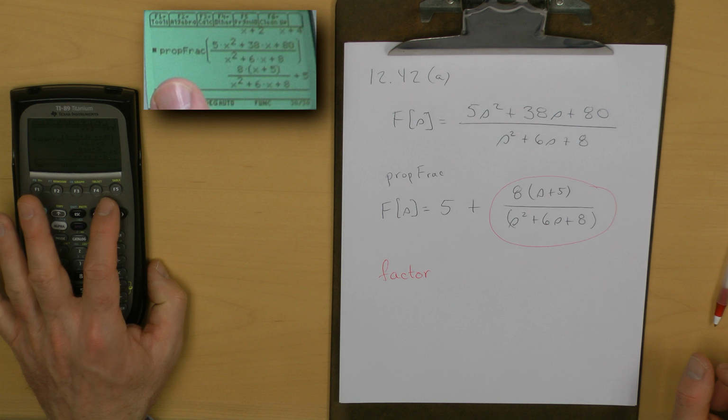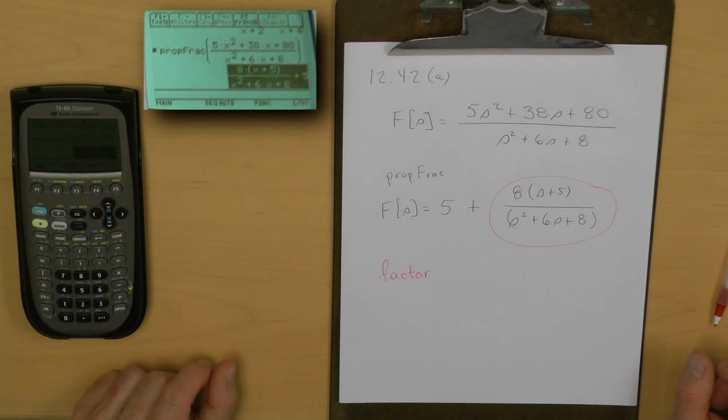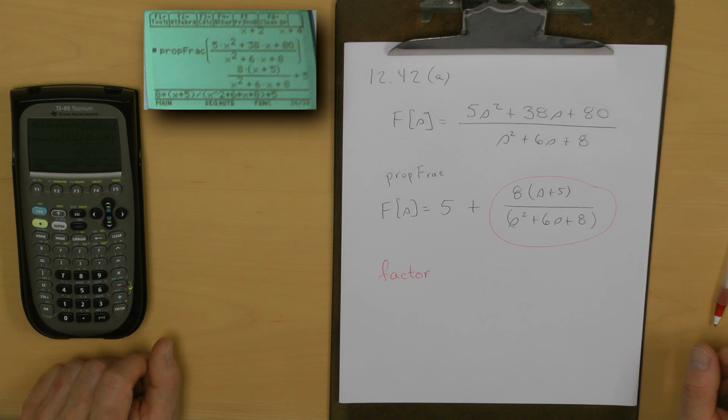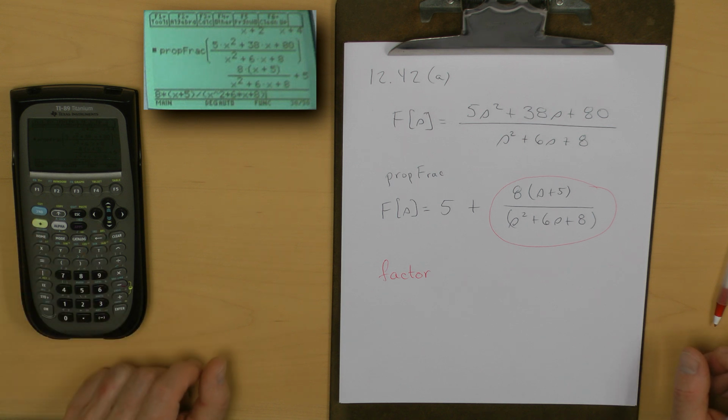I'm going to go up with the cursor and obtain the entire capital F of s expression, and I'm going to copy it down into the command line. Fortunately for us, the plus 5 is on the right side. I'm going to backspace through those to cancel that because I do not want to do the partial fraction expansion with the 5 in the formula.